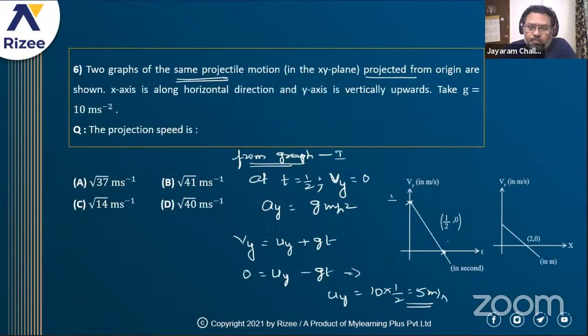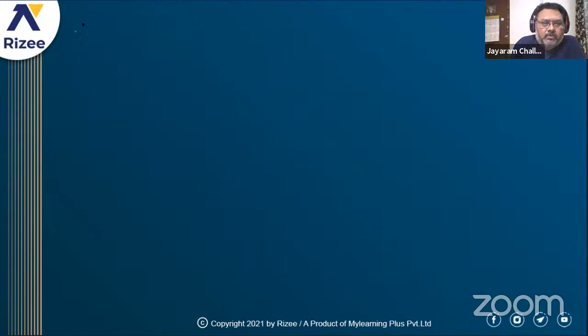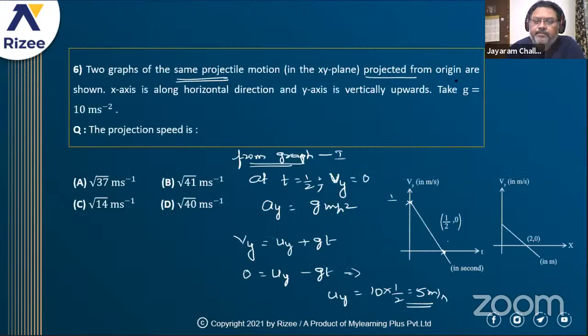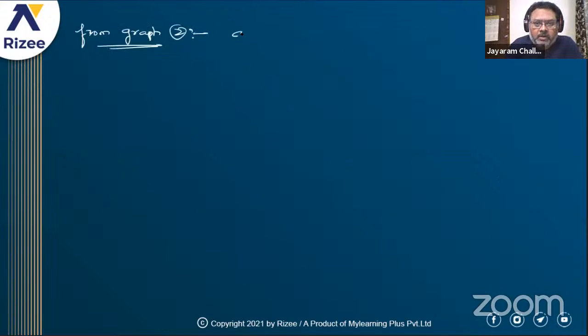Now, when you study the second graph, that is Vy, from graph 2, what you can write here is that Vy becomes 0 at x equal to 2. At x equal to 2, the vertical component of the velocity becomes 0. That means this should represent half of the range.